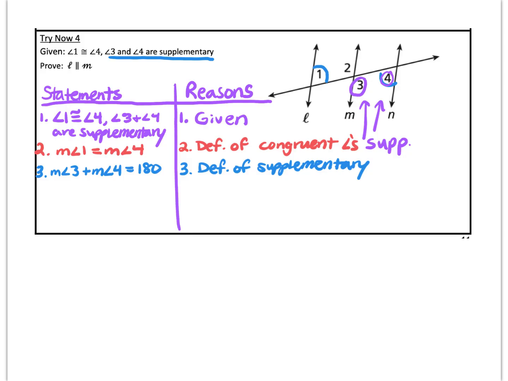We just don't have quite enough information yet. But notice that angle 3 right here has a vertical angle, angle 2. So for the next line, for line 4, I'm going to say that the measure of angle 2 is equal to the measure of angle 3 by the vertical angles theorem.